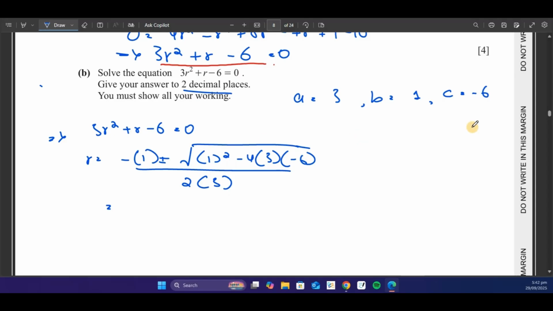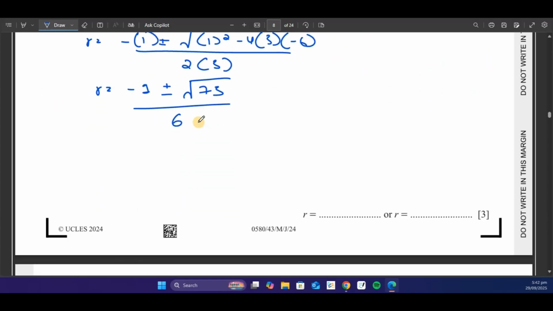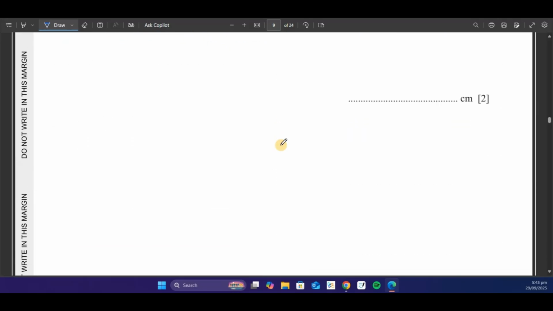That would give us r equals minus 1 plus minus root 73 over 6, and if we further solve this, this would give us r equals 1.26 and r equals minus 1.59, and that is our final answer, 1.26 or minus 1.59. Okay, make sense?